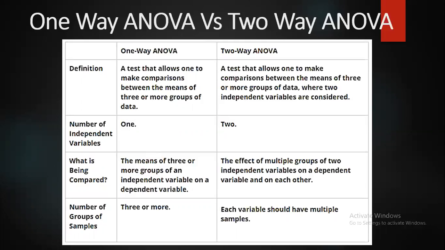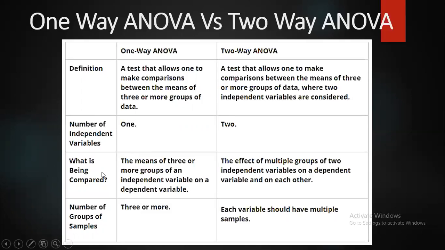The two-way ANOVA allows you to compare the means of 3 or more groups of data where two independent variables are present, like gender and month. The number of independent variables in one-way ANOVA is 1, that is only month, and in two-way ANOVA it is 2, that is gender and month.